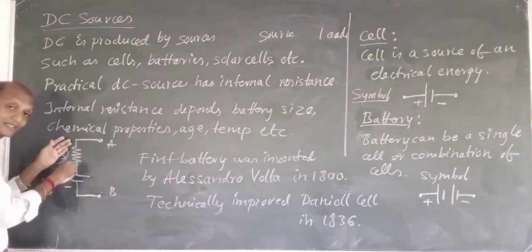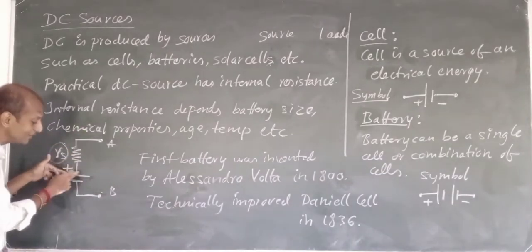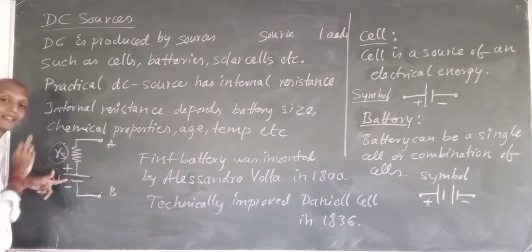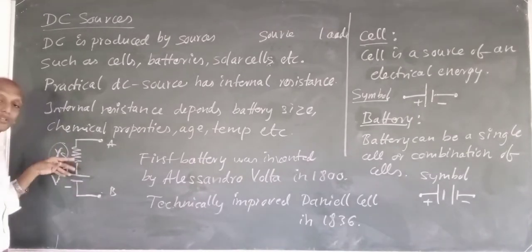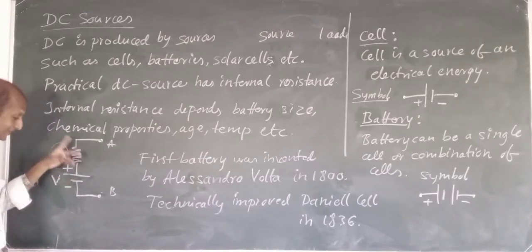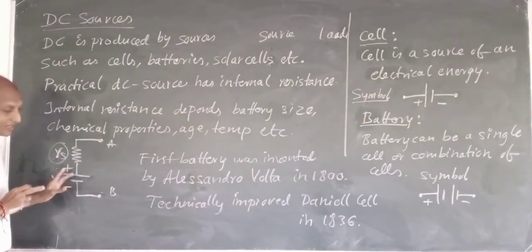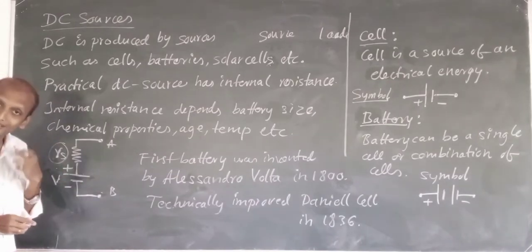This resistance is not external, it is actually the battery's or DC source's internal resistance, which will be shown outside, to say that it is the internal resistance of a practical DC source. So everything will have certain resistance.